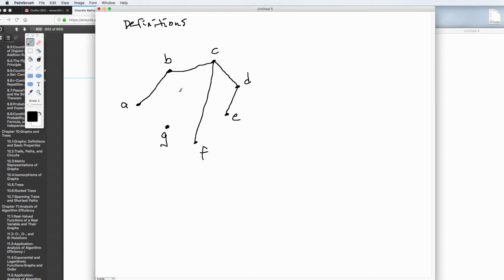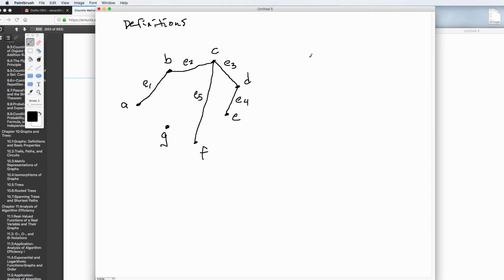Sometimes you will find that people find it convenient, instead of referring to an edge here as the set AB, to stick a label on it, and they'll call this E sub 1, and they'll call this E sub 2, E sub 3, E sub 4, E sub 5. So we've got 5 edges here.